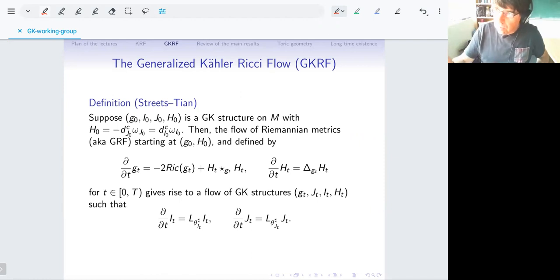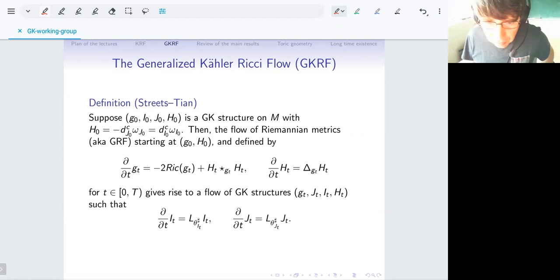And we saw that there is a general result, essentially a Shi-Tian type of modification of it, that this has the basic local properties of the Ricci flow. So the solution exists for short time. It's unique.